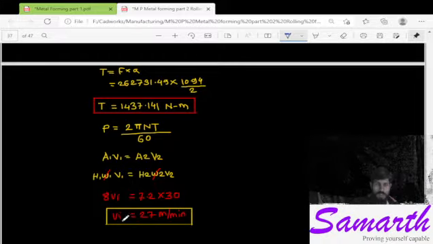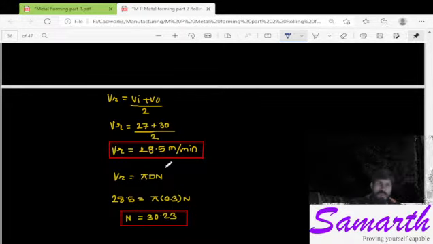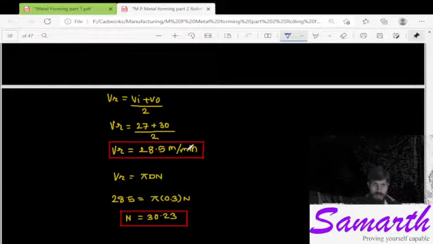Now from V1 and V2 we will find the average velocity. We will consider that the velocity of the roller is the average velocity of the initial and final. So here we are getting the roll velocity in meters per minute. We will convert it into RPM, pi DN only, because this is in minutes.